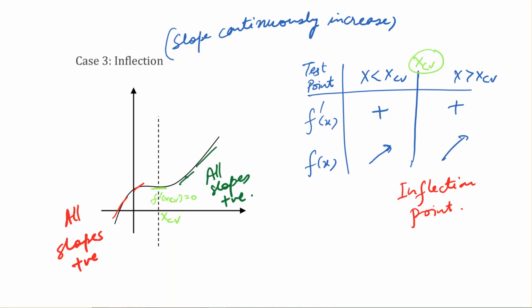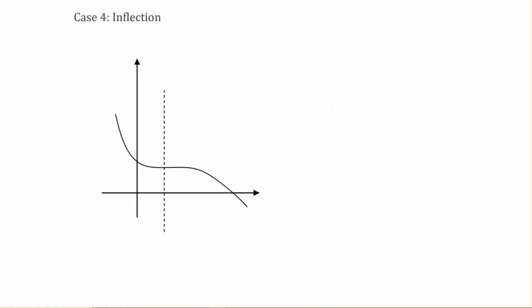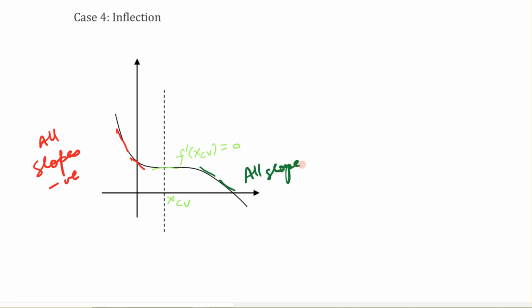So let's discuss our last and fourth case. If we have something like this again, our slope is going to be 0 at this point. So this is our critical point. And if we look to the left of this critical point, we see that all slopes are negative. Similarly, on the other side, again all slopes are negative.